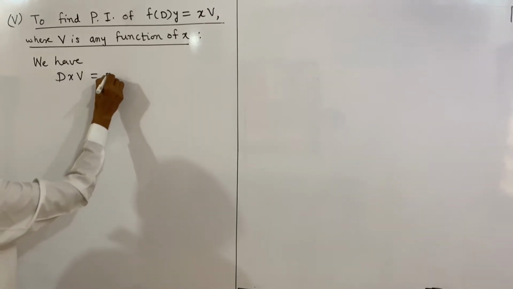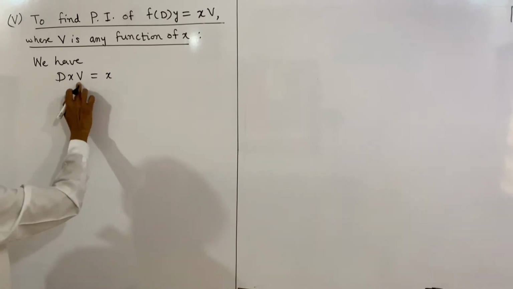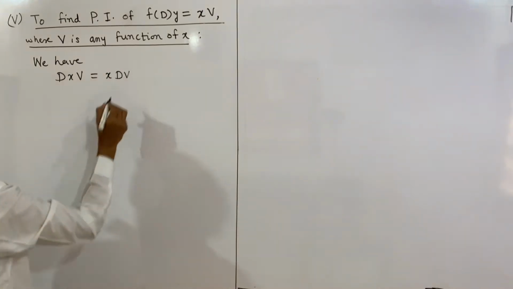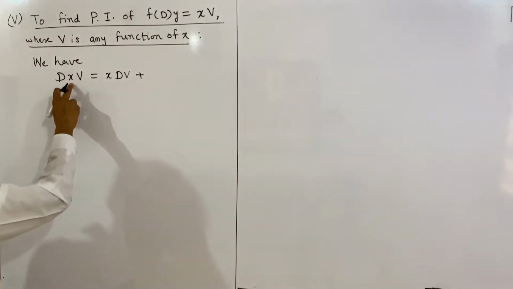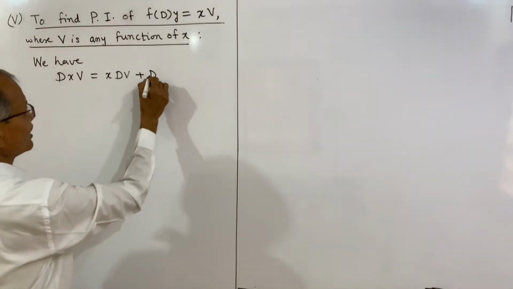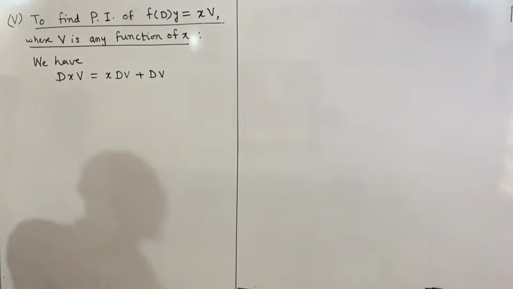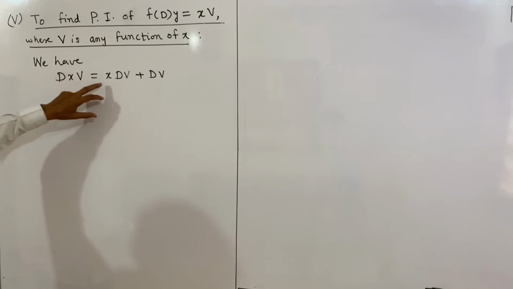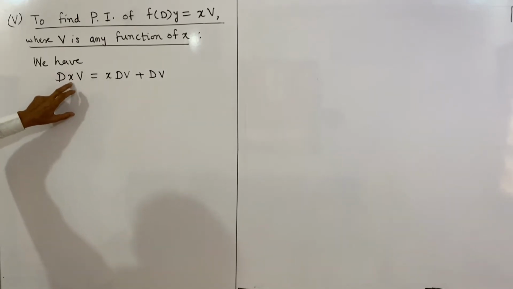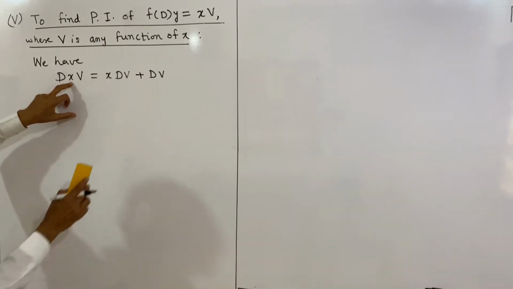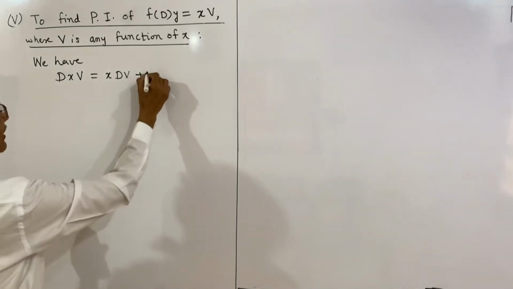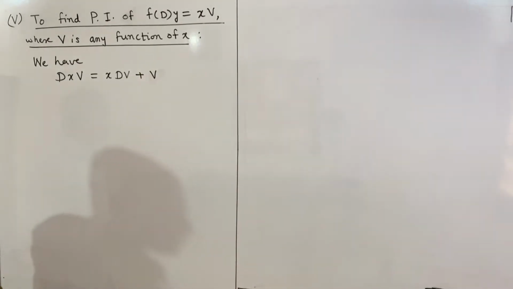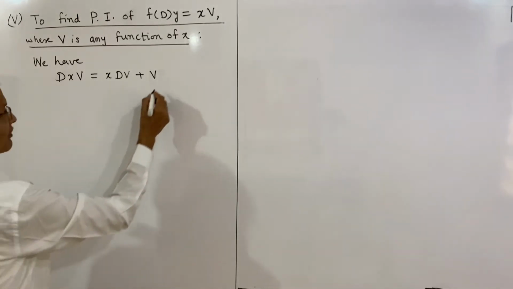This gives the first function x as it is, times the derivative of v, plus the derivative of x, that is 1, into v, as it is. So D of xv is x Dv plus v, using the product rule of derivative.